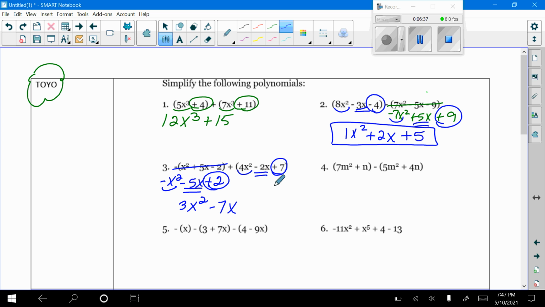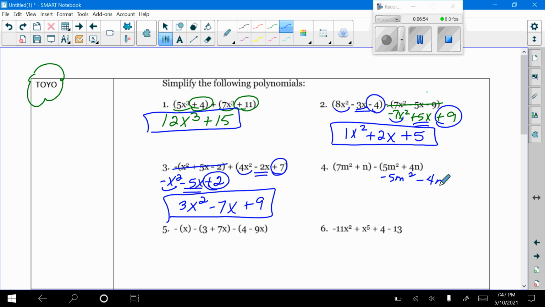And 2 plus 7 is 9. Number 4, I'm going to distribute this negative to each item down here. That makes it negative 5m squared minus 4n. So 7m squared take away 5m squared gives me 2m squared. And n minus 4n is negative 3n.